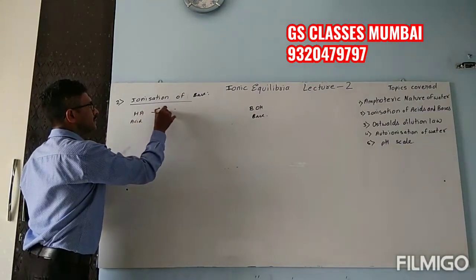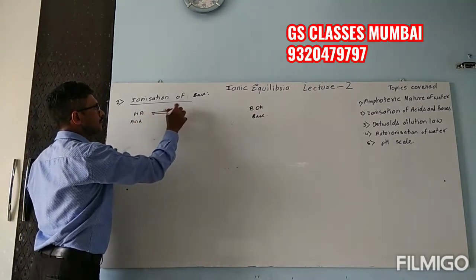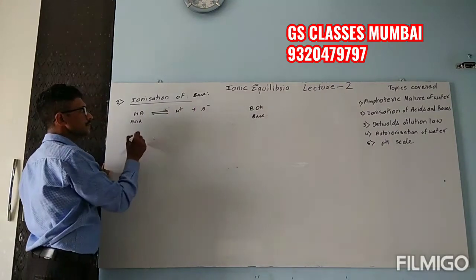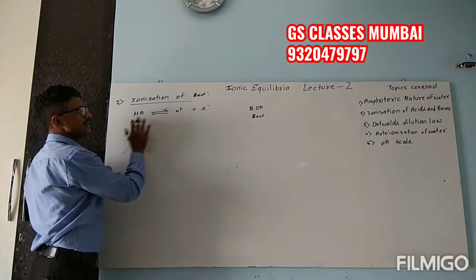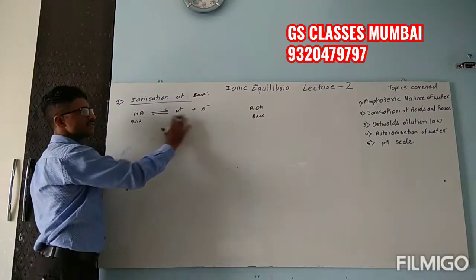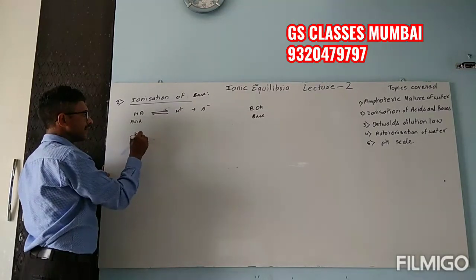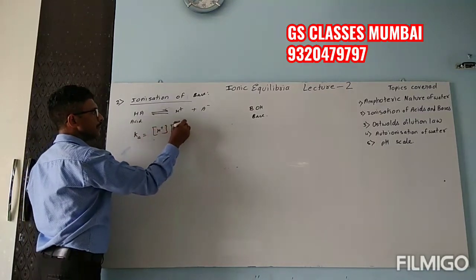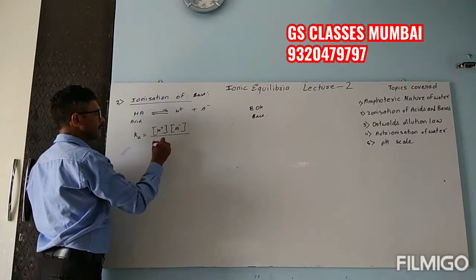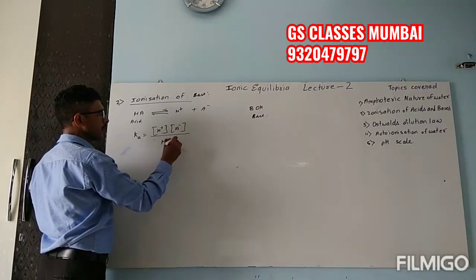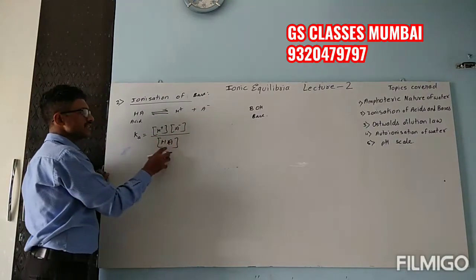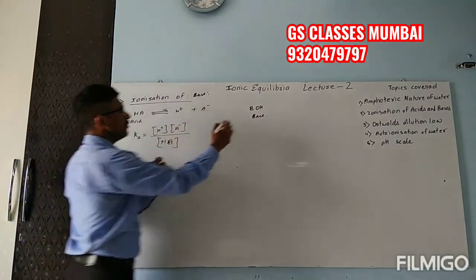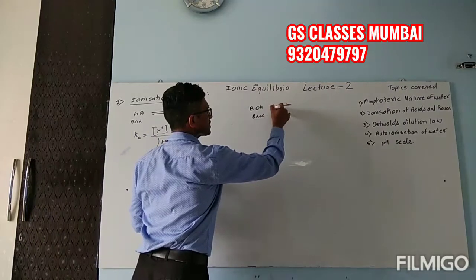Acid, if it dissociates, it will form H plus ion and A minus ion. These are the symbolic representations. So Ka value will become H plus ion, A minus ion divided by concentration of undissociated acid molecule.